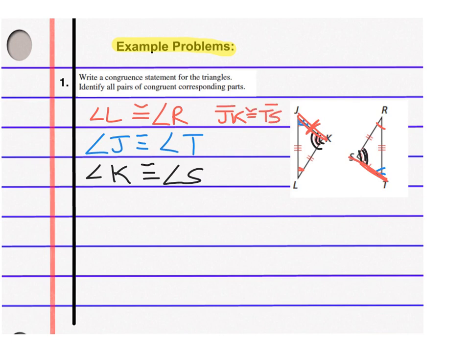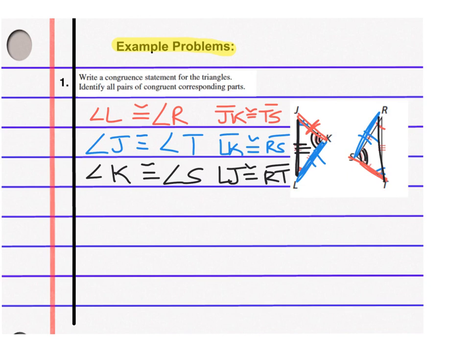Okay, LK, which goes from 1 to 3 and has 2 lines, is congruent to RS. And lastly, I have LJ is congruent to RT.